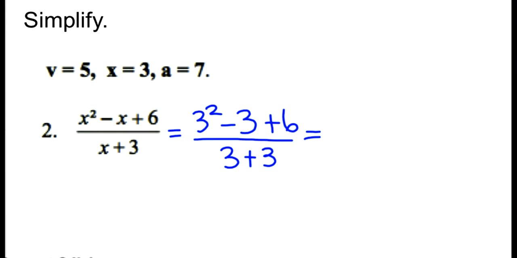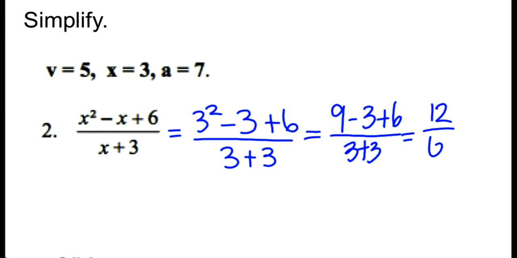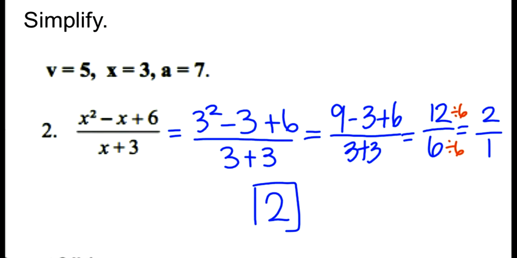I don't see any parentheses, so my exponents: 3 times 3 or 3 squared is 9 minus 3 plus 6. 3 plus 3. 9 minus 3 is 6 plus 6 is 12. 3 plus 3 is 6. I'm going to divide the numerator and the denominator by 6, that's the GCF. 12 divided by 6 is 2 and the denominator is 1. So how can I write 2 over 1 as just a whole number? And that is 2. So sometimes it will just be an integer whole number.